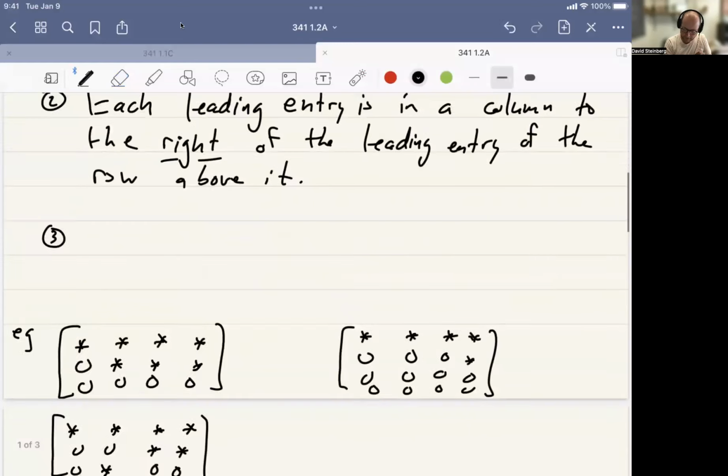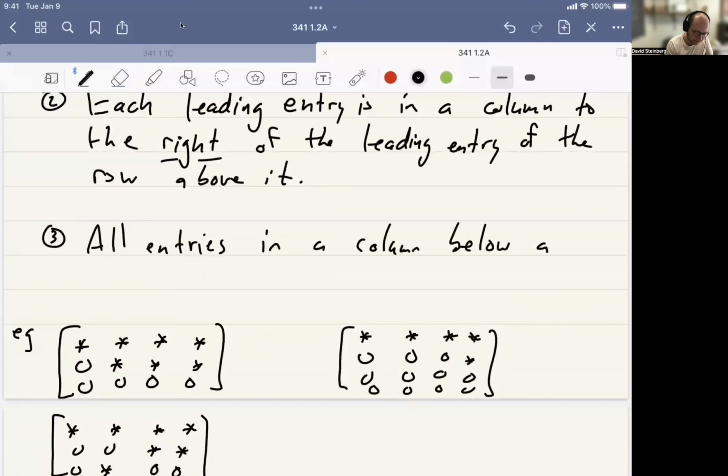Finally, all entries in a column below a leading entry should be zero.